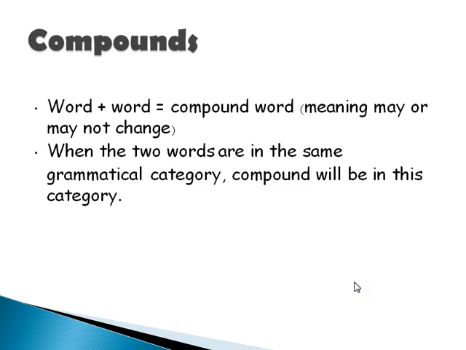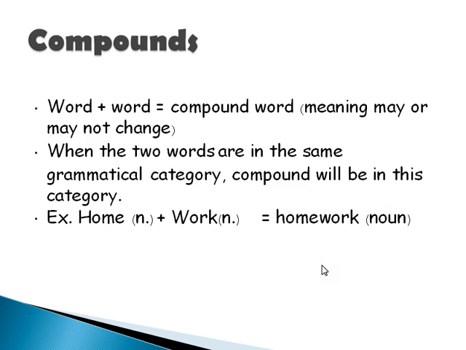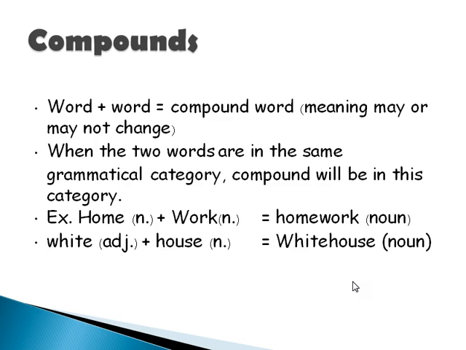If I put together two adjectives, these will also be an adjective. Homework is an example. It's home plus work. Home is a noun, work is a noun, homework is a noun. White House, the classical example.